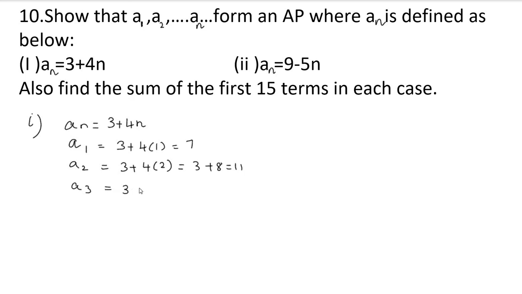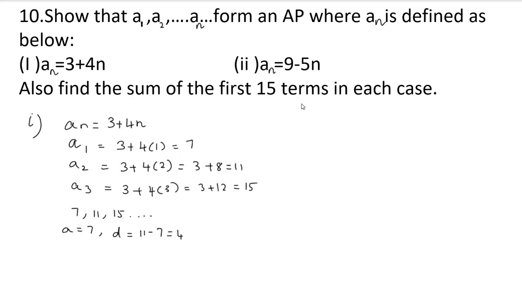And a3 is 3 plus 4 into 3, that is 3 plus 12 is equal to 15. Now I form an AP 7, 11, 15, etc. Here a is 7 and d is 11 minus 7, that is 4, or else 15 minus 11 also I'll get 4 only.